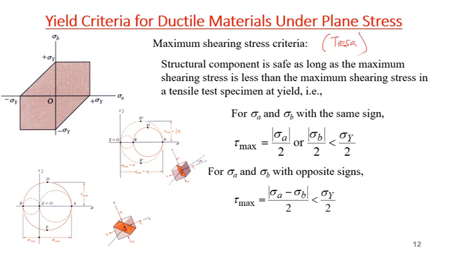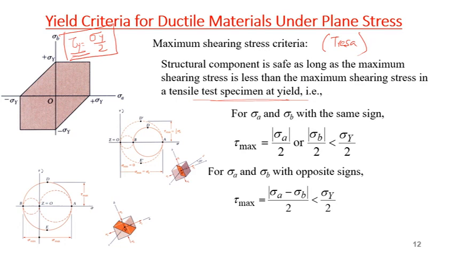According to this criteria, structure components are safe as long as the maximum shear stress is less than the maximum shearing stress in the tensile test specimen at yield. That means in a uniaxial tensile test, tau y is equal to sigma y by 2. That is my material property.